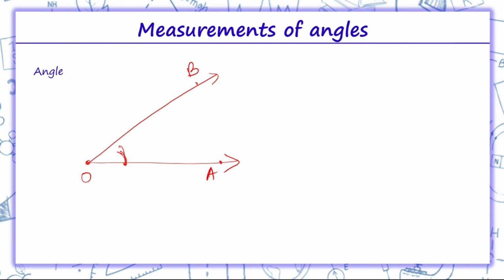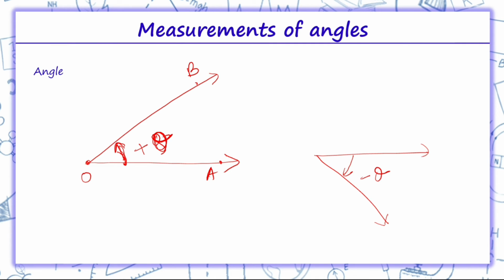If it is rotating in anti-clockwise direction, this angle is termed as positive theta. But if this ray rotates in clockwise direction, then it is termed as minus theta.